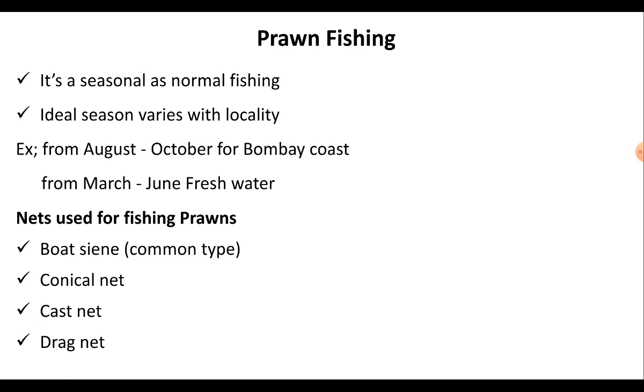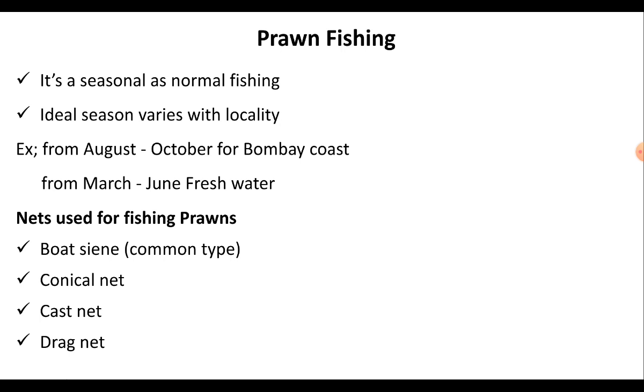Coming to prawn fishing. Prawns are being fished from all types of water, where the bulk production comes from the sea, while estuaries generally produce immature prawns.